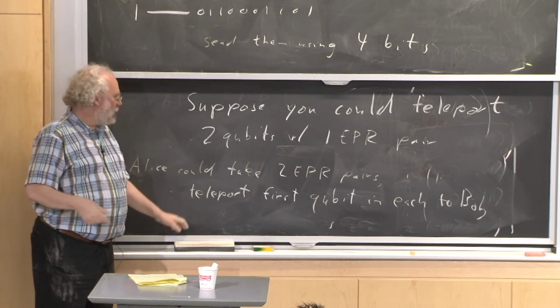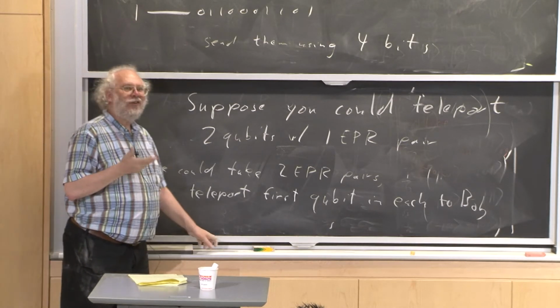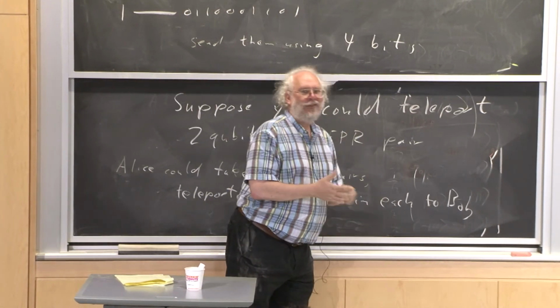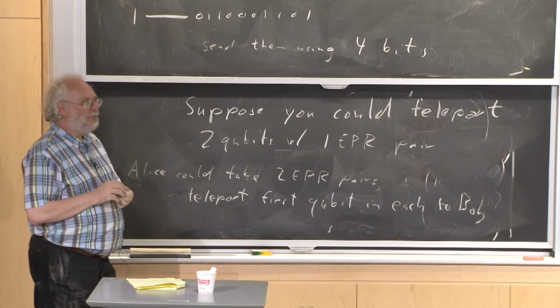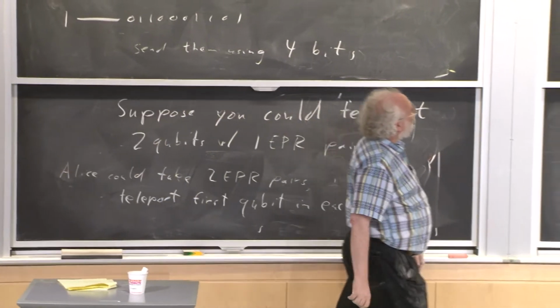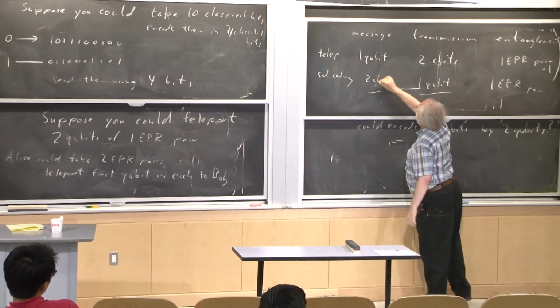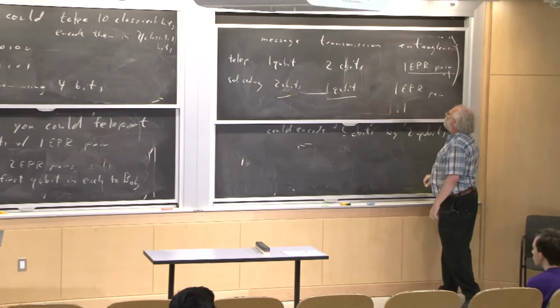So they can keep on doing this and generate as many EPR pairs as they want, which again has to be a contradiction because you cannot send quantum information over a regular telephone line. So that shows that these are all optimal.